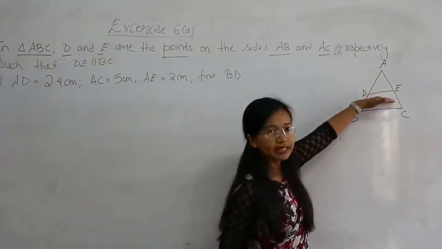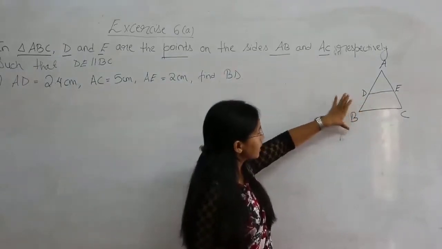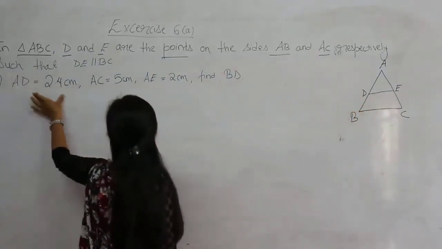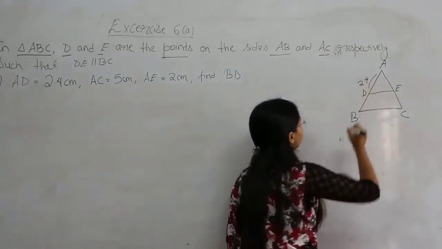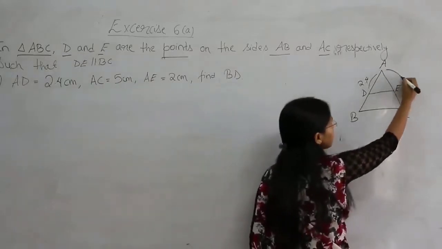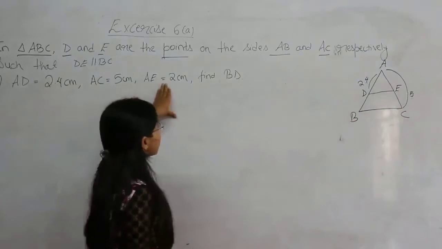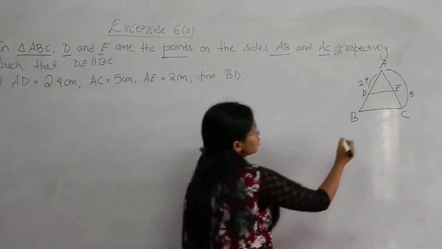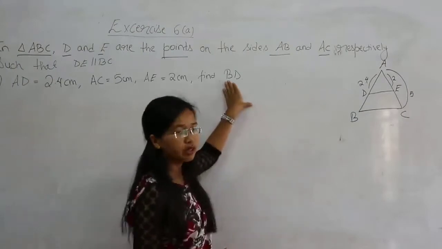So the line DE is parallel to BC. We have AD is 2.4, AC is 5 centimeter, AE is 2 centimeter. Then we have to find BD.